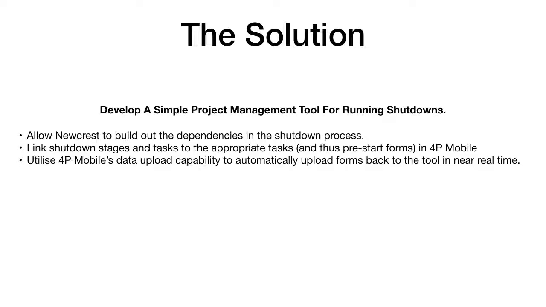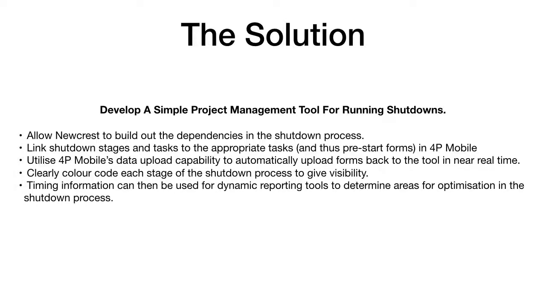It's going to allow 4P Mobile to upload that data back into the tool, so that we can then have color coding of the stages, so that control teams can see exactly where we're up to, exactly what has and hasn't been done, and when we can turn plant back online. And then for your future planning, it's going to give you that timing information on where we can optimize and improve that process.